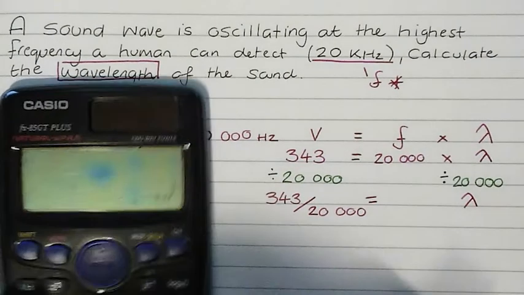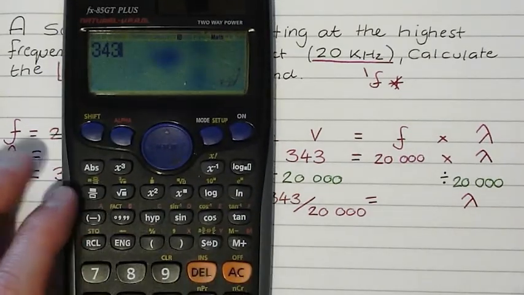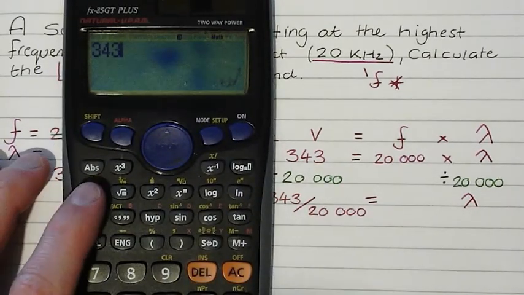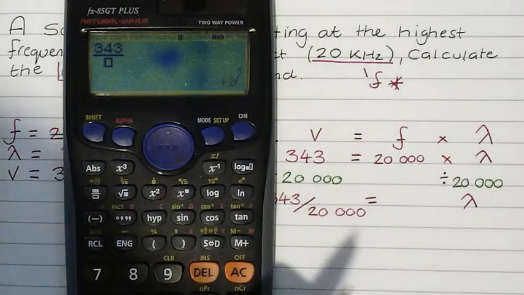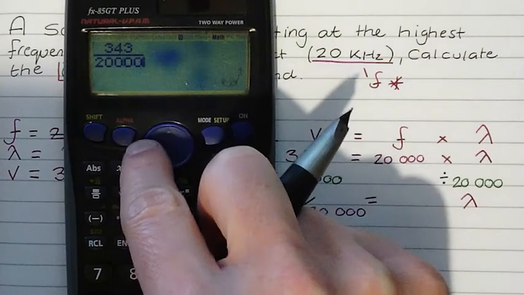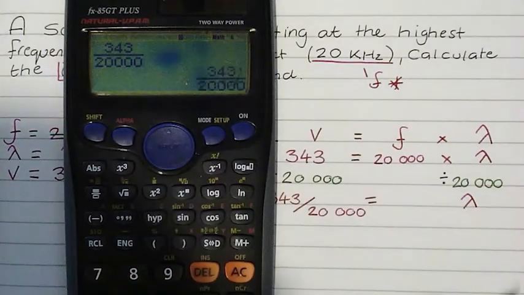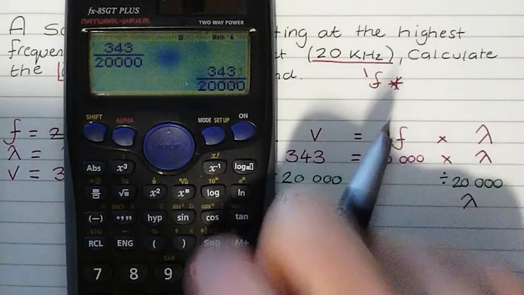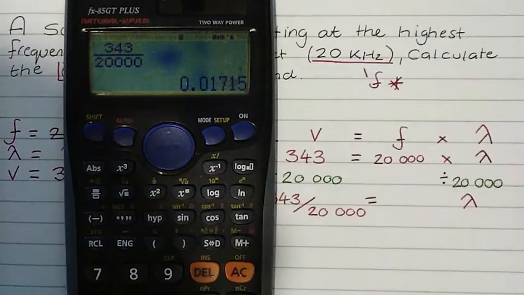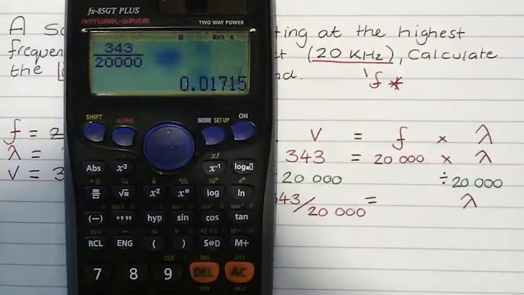Okay, so 3, 4, 3. As I say, I'm going to use the fraction function, which is this button here. So we'll press that. Over 20,000. Okay, just always check your noughts. So thousands has 3 zeros, so 20 with 3 zeros equals, press the SD button, and it gives us 0.01715.